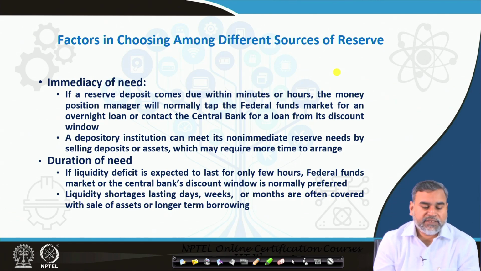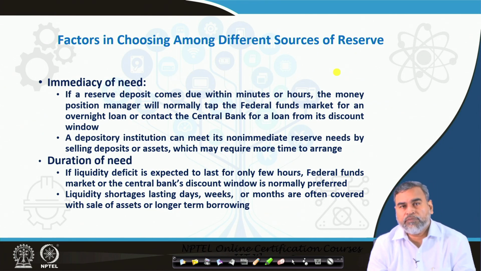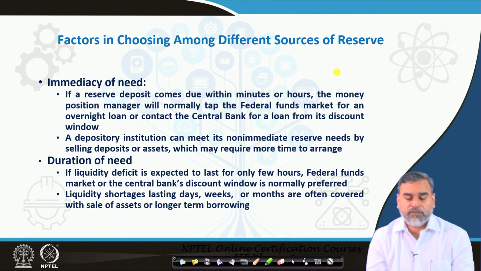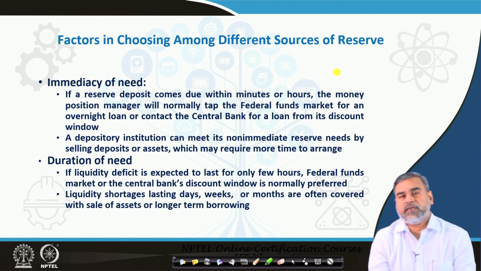If they realize that a reserve deficit is coming, the money manager will try to cover the deposit amount with the reserve bank by borrowing from the interbank market or the call money market, or they can also take the help of the Reserve Bank of India or any other central bank to provide discounted loans which will be helpful to maintain their liquidity.